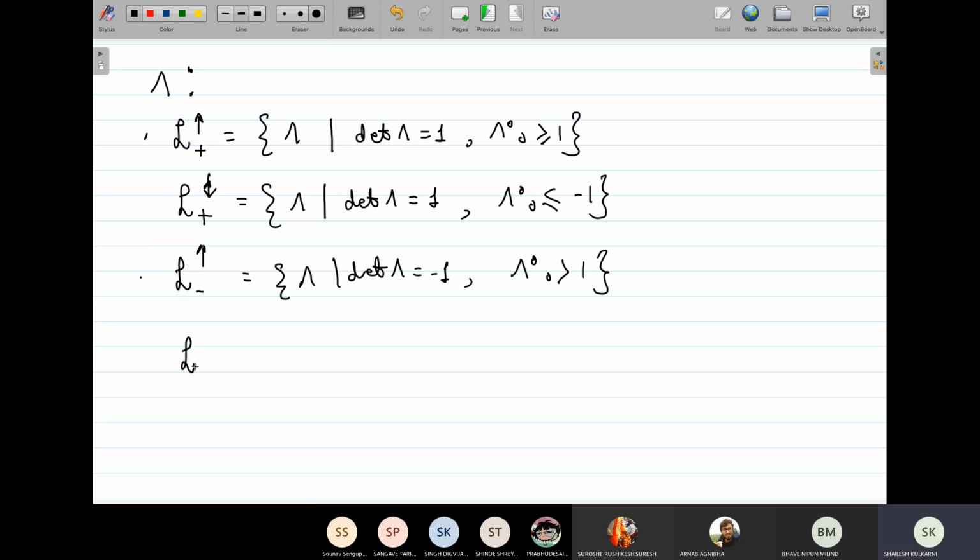And I have a Lorentz transformation whose determinant is -1 as well as lambda 0 0 less than -1. Any Lorentz transformation falls in one of these four categories.